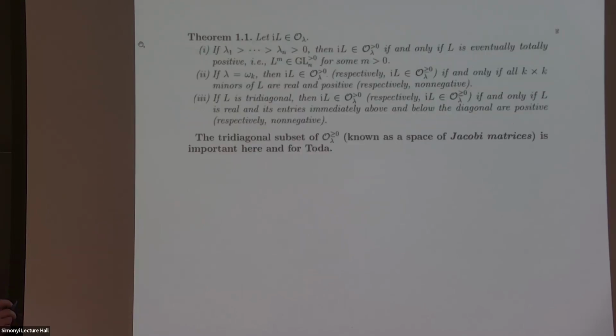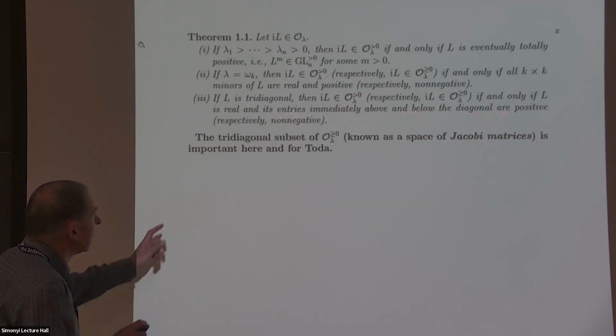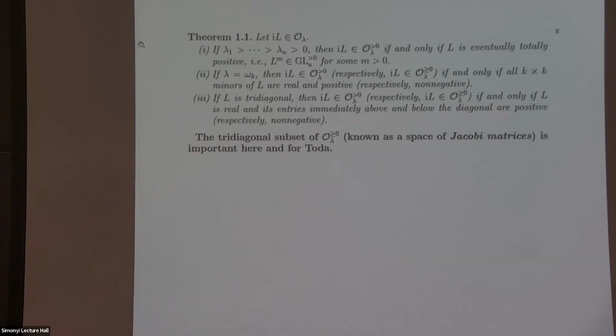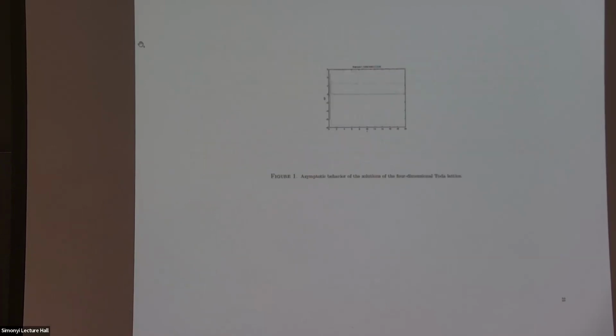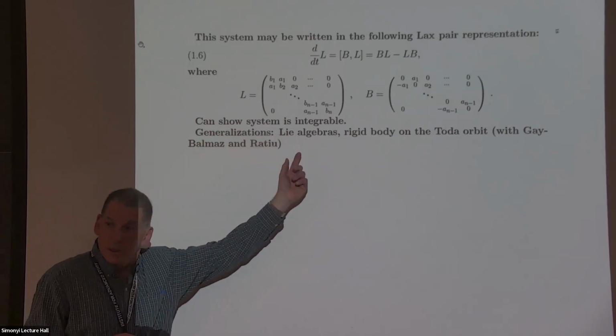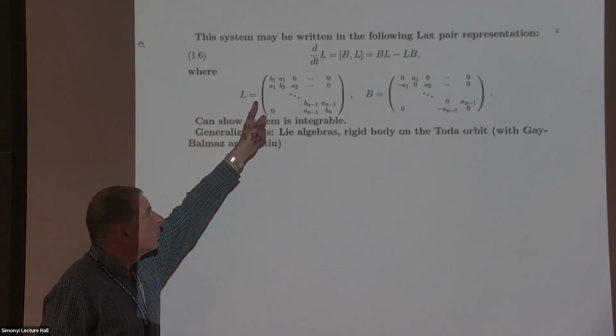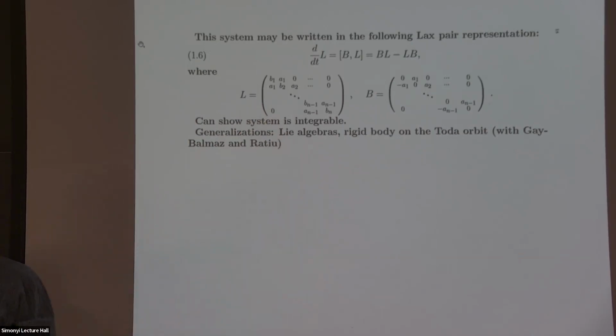And then there's the tridiagonal case, which you've just been talking about. If L is tridiagonal, then iL is in a totally positive orbit if and only if L is real and its entries immediately above and below the diagonal are positive. So the tridiagonal case is really simple but kind of beautiful. If I go back to the Toda for a second, if I take a tridiagonal matrix and you want that to be totally positive, all that you need is that the entries above and below the diagonal are positive.